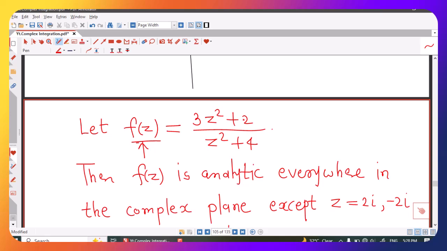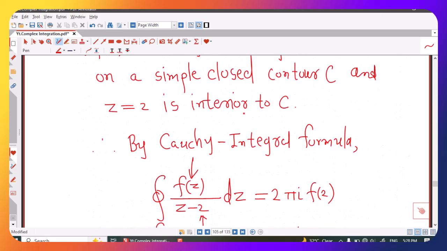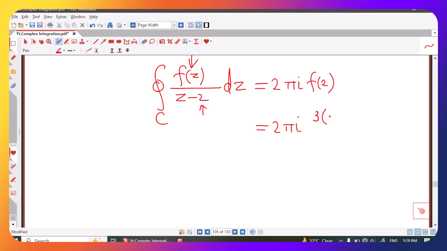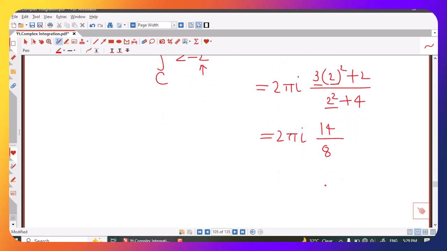So here we will put z equal to 2. So 3 into 2 square plus 2 divided by 2 square plus 4, that we can simplify as: this is going to be 4 into 3, 12, plus 2, that is 14, and here we have 4 plus 4, that is 8. And if we cancel out this 4, here I will have 4, and here again I can get 2 cancel, so this is going to be 7 pi i divided by 2.